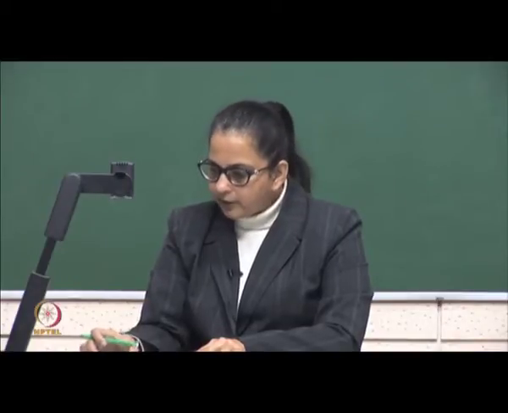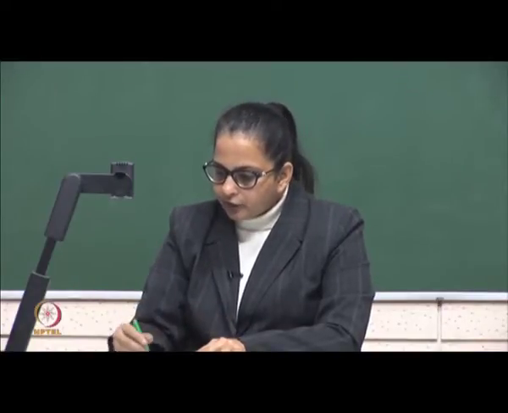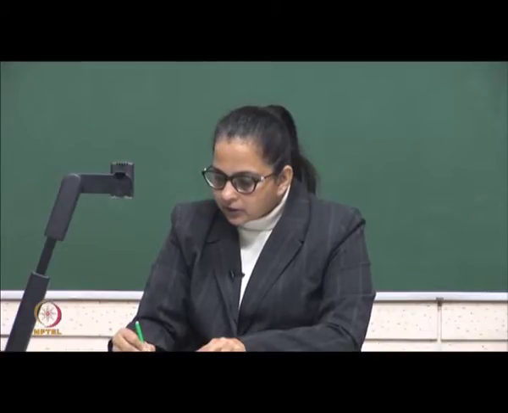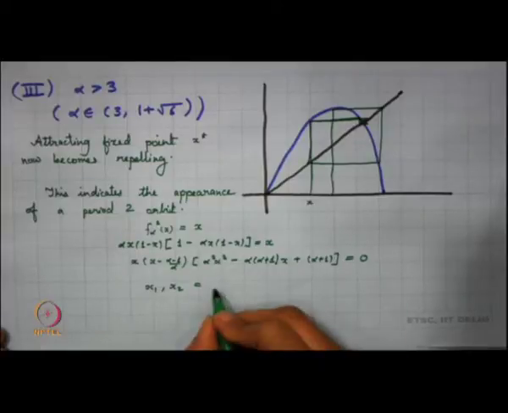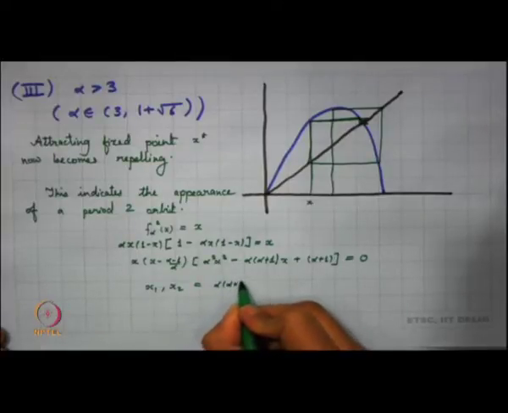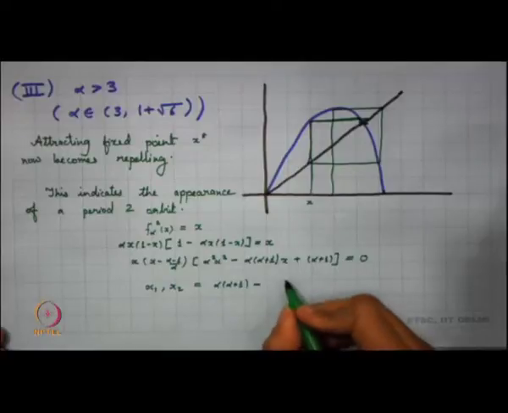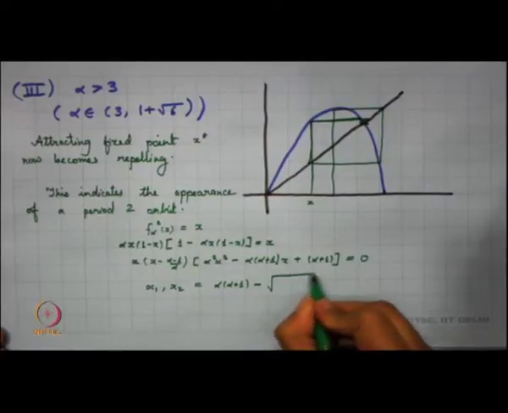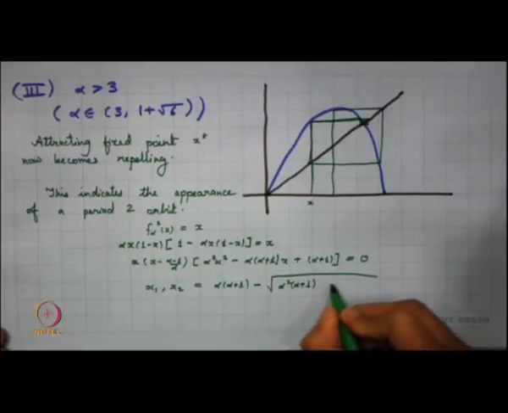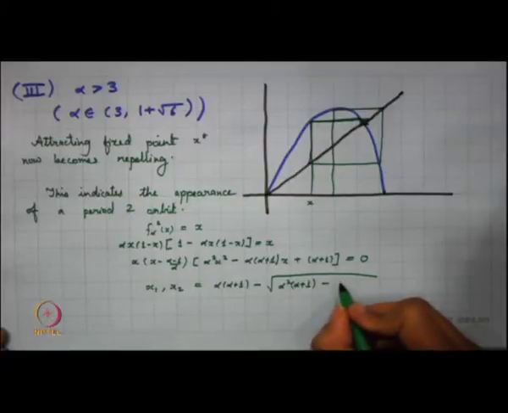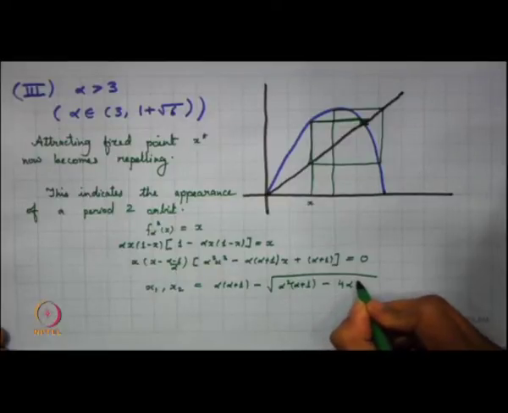Solving it gives us 2 points x1, x2, which we can write as alpha times (alpha plus 1) minus the root of alpha square into (alpha plus 1) square minus 4 times alpha square times (alpha plus 1).